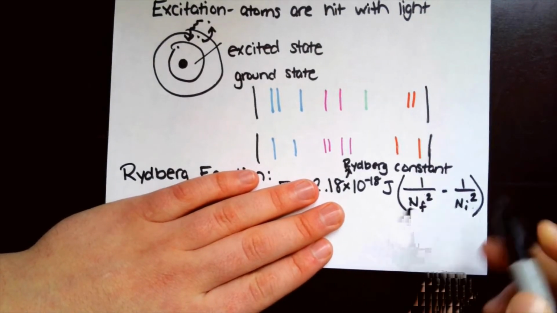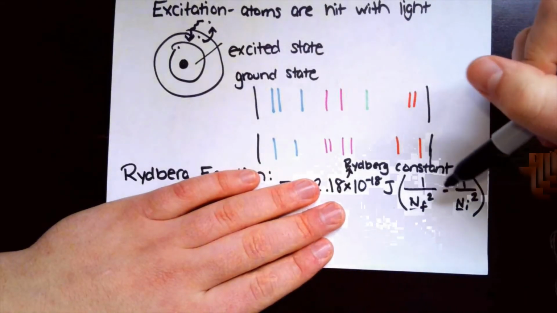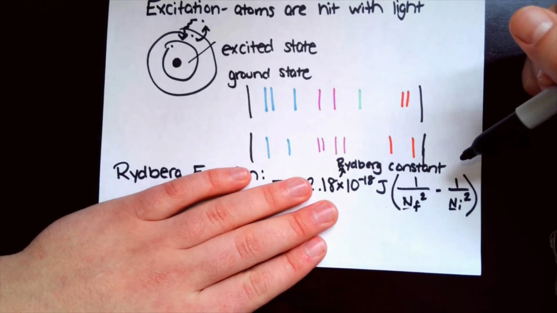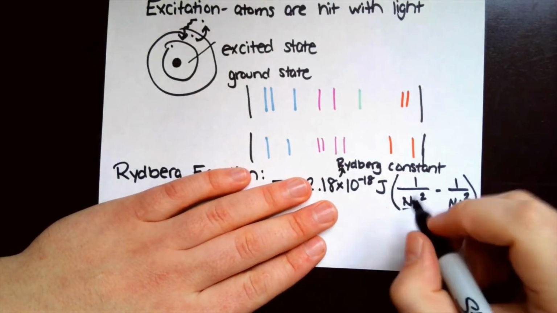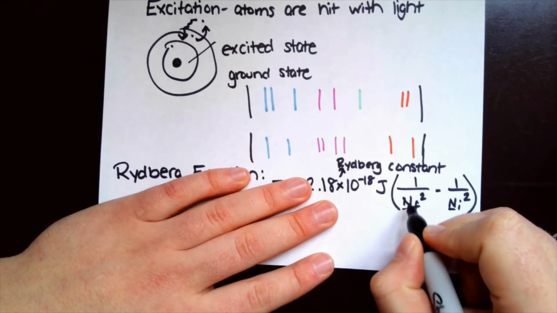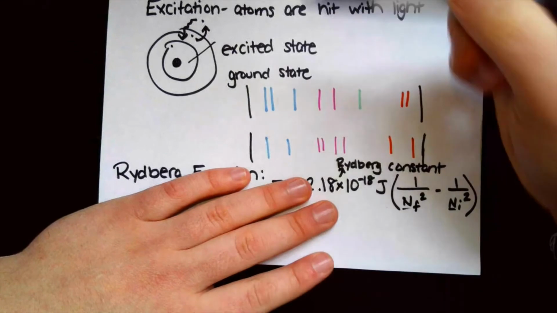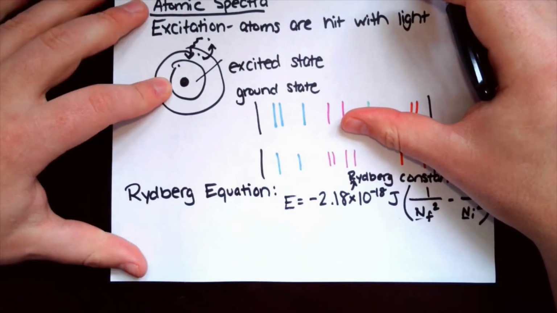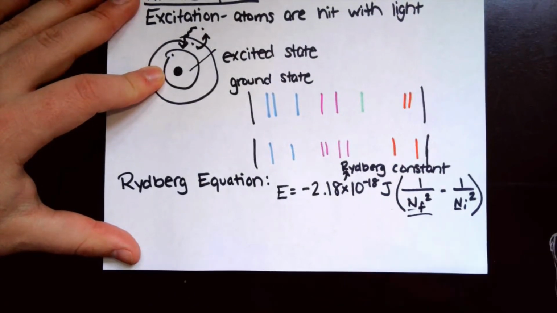So what these n's mean is something that will make more sense based on one of my next videos, but n is the principal quantum number. The principal quantum number just tells you basically what number orbital that electron is in. So basically the final orbital.